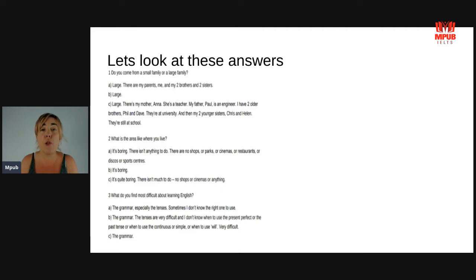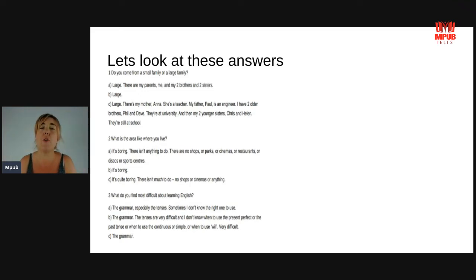Finally, we've got question 3. What do you find most difficult about learning English? A, the grammar, especially the tenses. Sometimes I don't know the right one to use. B, the grammar. The tenses are very difficult and I don't know when to use the present perfect or the past tense, or when to use the continuous or simple, or when to use will. Very difficult.